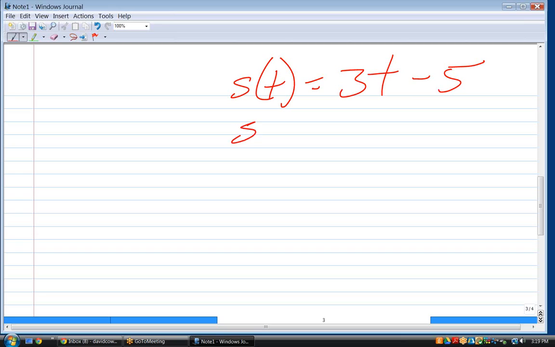Okay, so they want s of 4. Actually, they don't. They want the instantaneous velocity. And velocity is the first derivative of position. What they've given you is the position function.